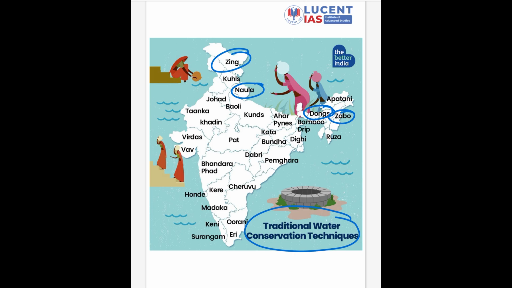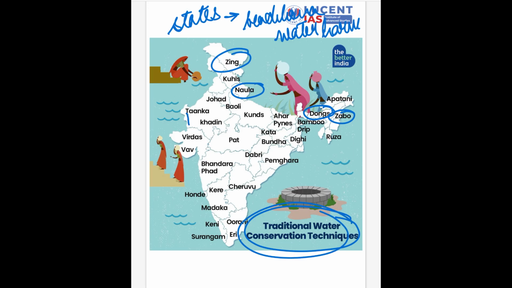A question may come where states may be given along with the traditional water harvesting techniques. Clear? So these are the water harvesting techniques. Next we will look at the states and water harvesting techniques.